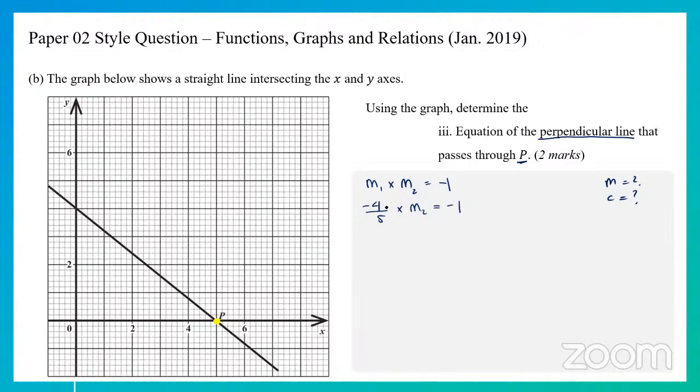Using this approach, we can just isolate for m2 and transpose everything else. So transposing this -4/5, bring it over to that side. Because we're multiplying over here, we're going to be dividing.